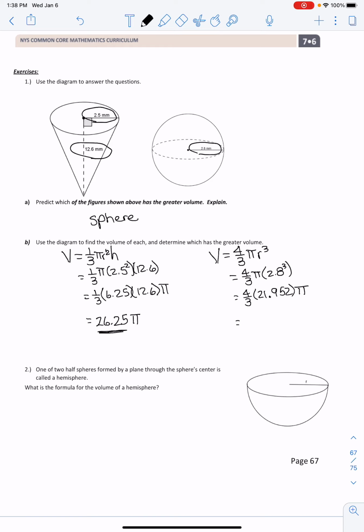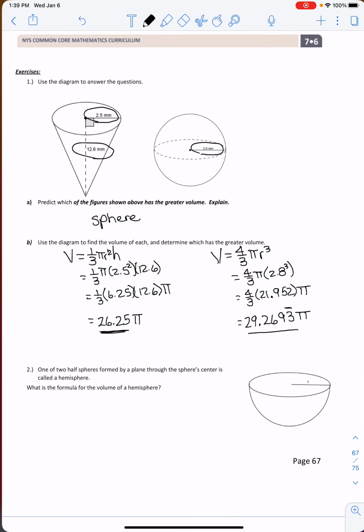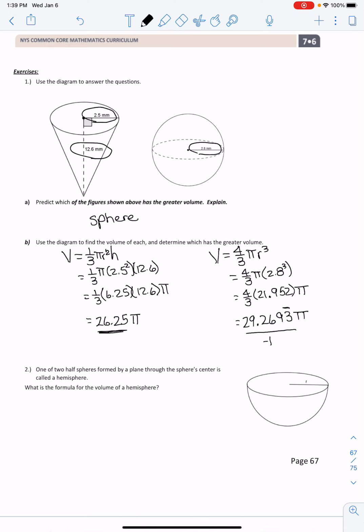And when I multiply that out, because I have the decimal and the fraction, it's going to give me a decimal no matter what I do. I get 29.2693, and that 3 is going to repeat, pi. And I put the line above the 3 because that's what's going to repeat. So when I compare the two, remember I'm looking at the numbers because the pi is what's going to stay the same. My sphere is what's actually the greater volume. So I actually guessed right.